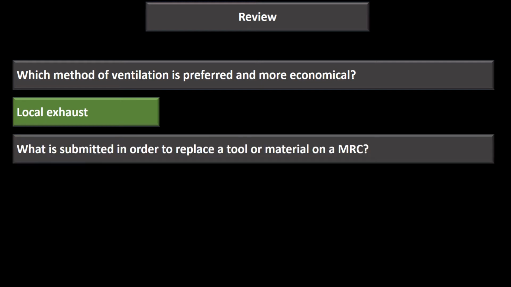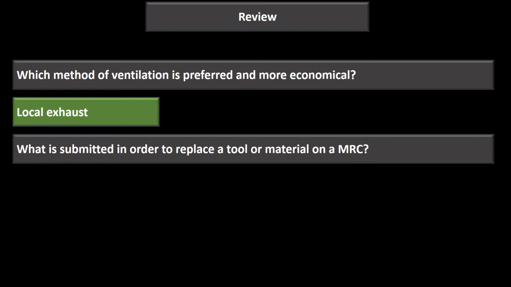Which method of ventilation is preferred and more economical? Well, that's going to be our local exhaust, removing that toxin right at the source of generation. What is submitted in order to replace a tool or material on a maintenance requirement card? Remember that maintenance requirement card, how we do our planned maintenance?